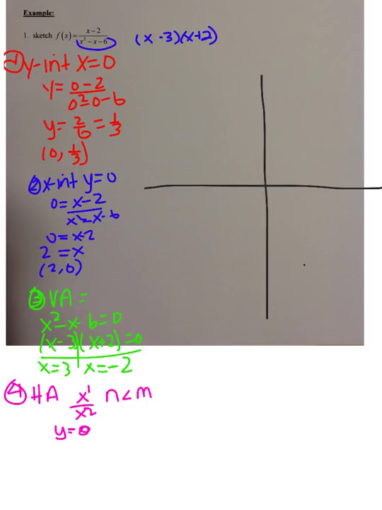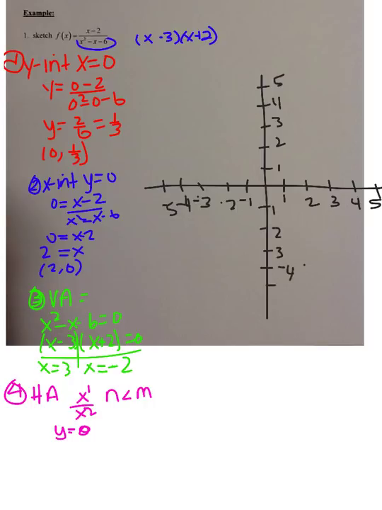Okay, so I have 1, 2, 3, 4, 5. 1, 2, 3, 4, 5. Negative 1, negative 2, negative 3, negative 4, negative 5. 1, 2, 4, 5.